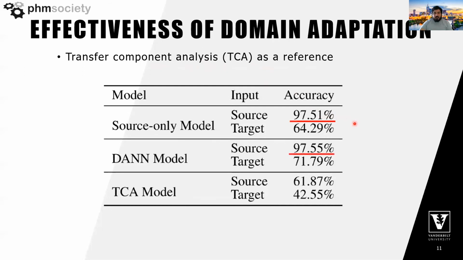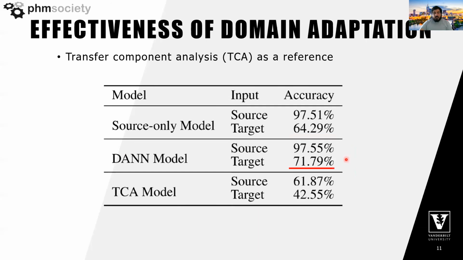97% for both models. Without domain adaptation, the accuracy of the target data for the source-only model is 64%. The DANN improves the prediction on the target data and increases the accuracy to 71%.